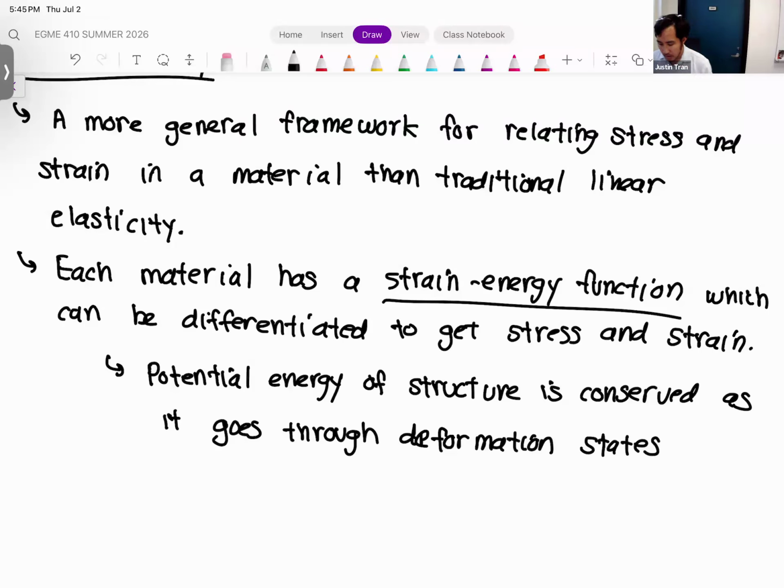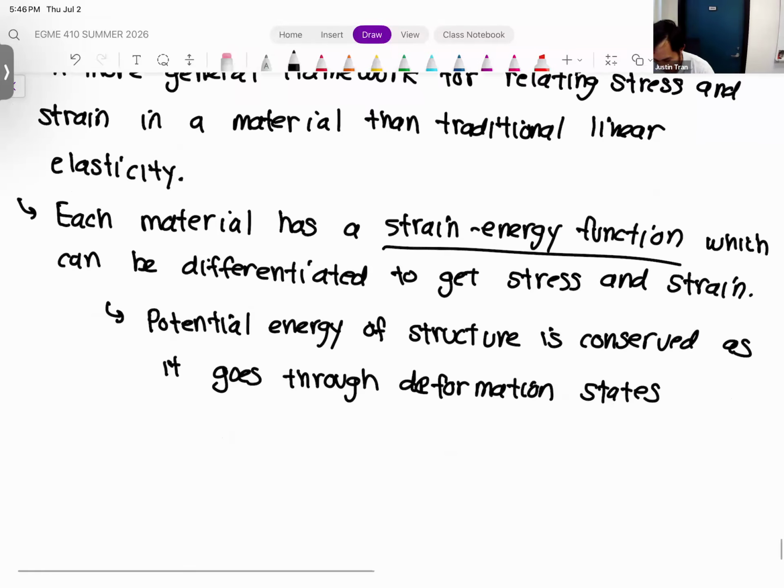Essentially, as a material or structure is subjected to external forces and constraints, it's going to deform. And as it deforms, the potential energy, or the strain energy function, is conserved. The way a structure is able to choose its deformation state, or the geometry or configuration and the stress distribution within the structure, is chosen in a way to minimize the strain energy function.